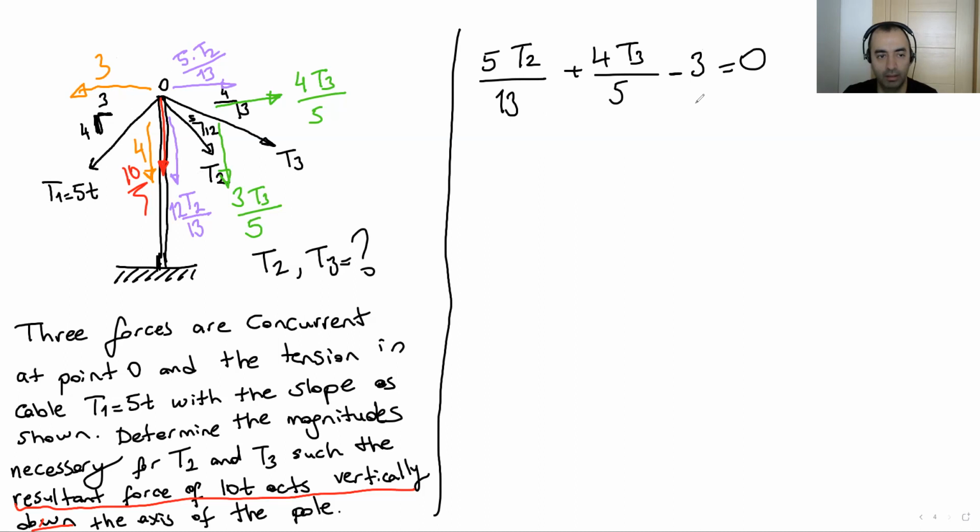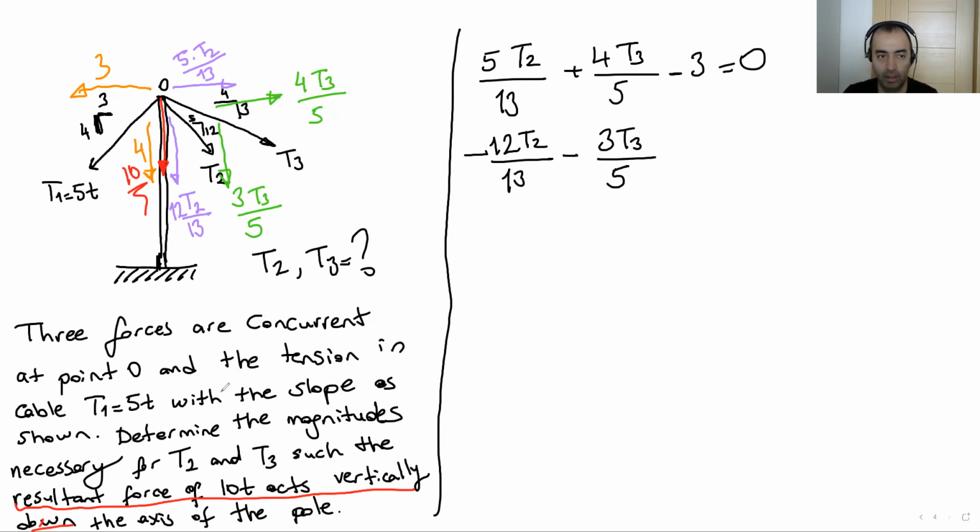In the second equation, in the vertical direction, let's write all of them. These forces, as you can see, are negative, right? Minus 12 T2 over 13 minus 3 T3 over 5.